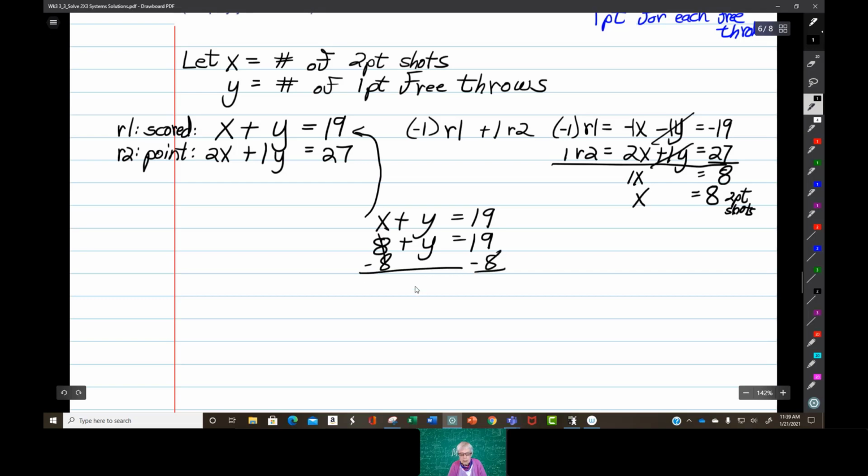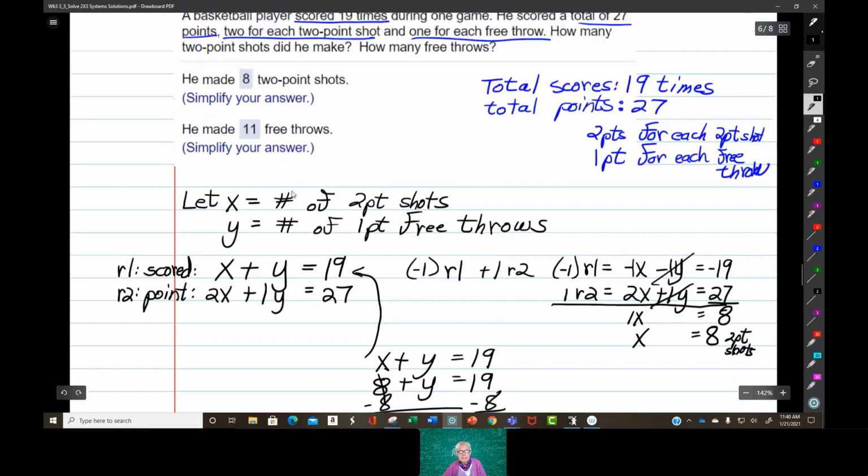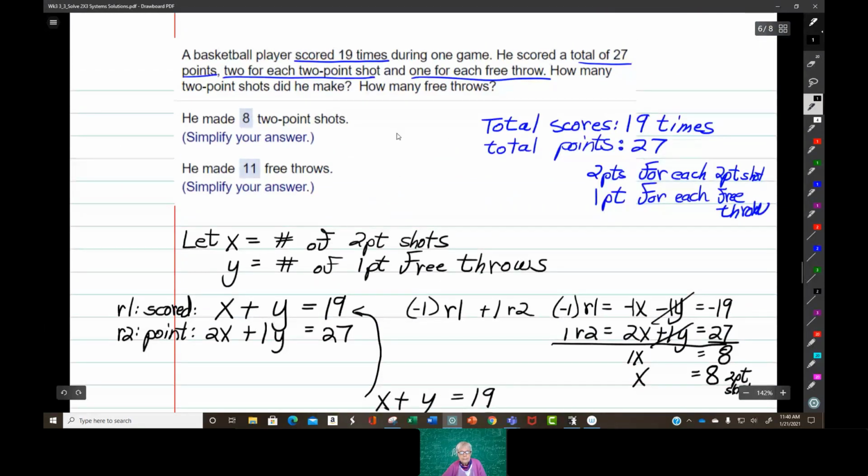So y equals 11. Doesn't look familiar. Ah, but it is. Yeah, the 2 shots and the 1 shot, that was like added information. But we needed it. Yeah, okay.